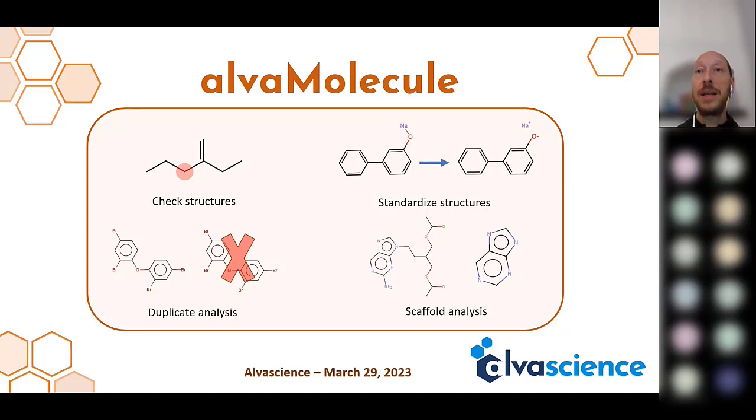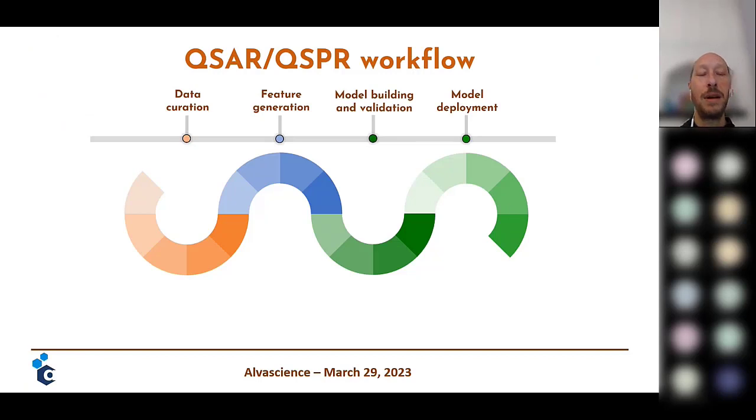Data curation is a fundamental step when dealing with chemical data, and now we will see how data curation is included in the QSAR workflow. In this slide, we can see the four main steps that are included in the QSAR process. Specifically, the QSAR workflow can be split into four main steps, that are data curation, feature generation, model building and validation, and model deployment.